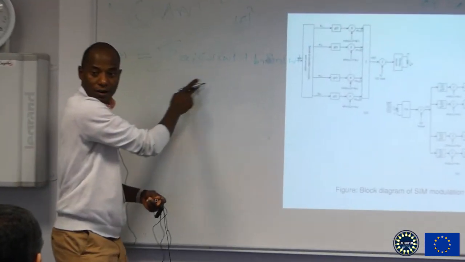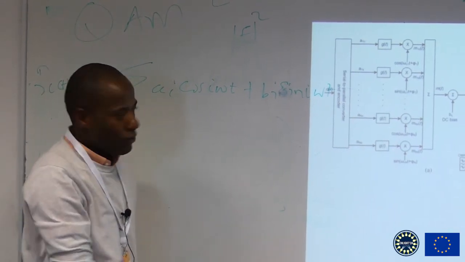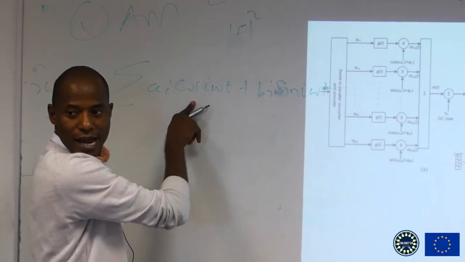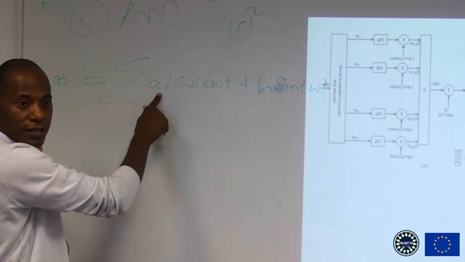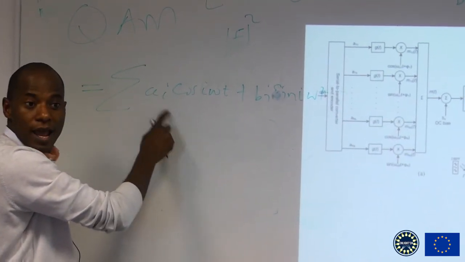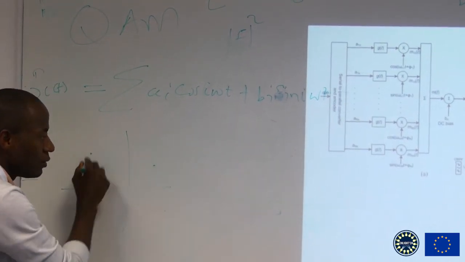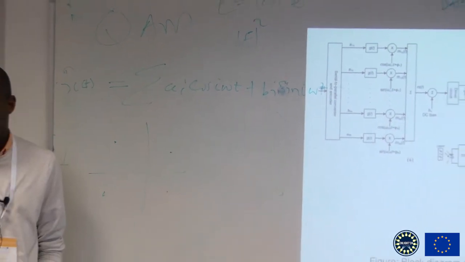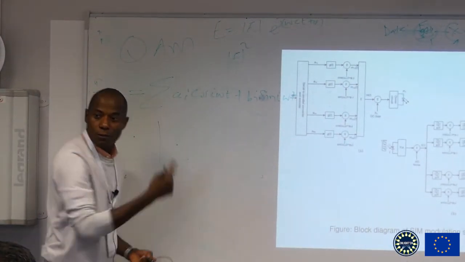If you look at this very well, it looks pretty much like this one. We have cosine, and I have sine. This a_i and b_i, they become your constellation points from QAM. You understand? So this a_i and b_i become your constellation points from QAM.